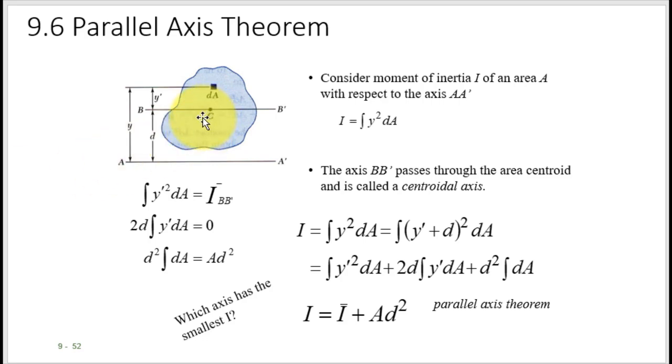And what we're going to do is take the inertia around the center of mass and relate it to the inertia around some new axis. So for this one, we'll be trying to rotate it around this new axis AA. For this distance y, from the axis of rotation to each little element, you can split this distance y into two distances.